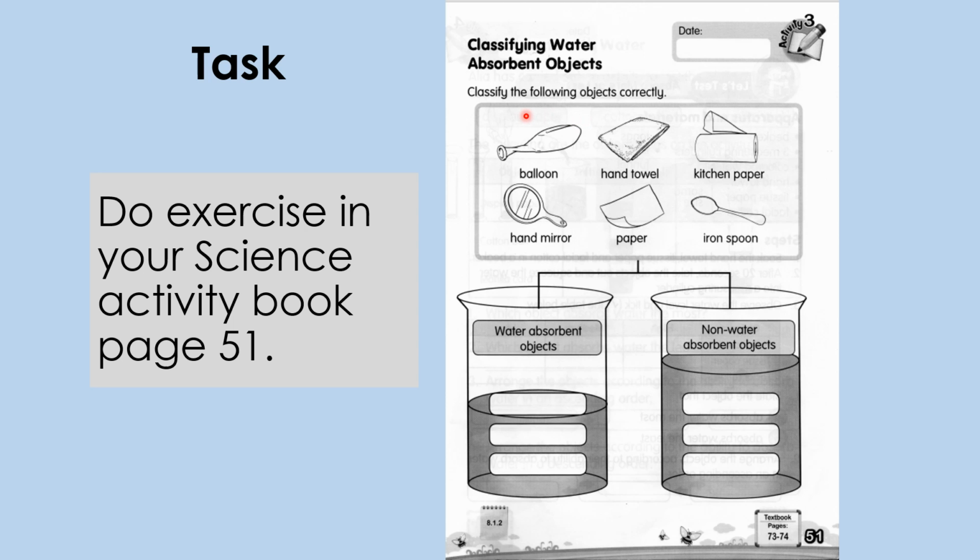Balloon cannot absorb water. So balloon is a non-water absorbent object. So you write balloon here. How about hand towel? Hand towel can absorb water. So hand towel is a water absorbent object. You write here hand towel.